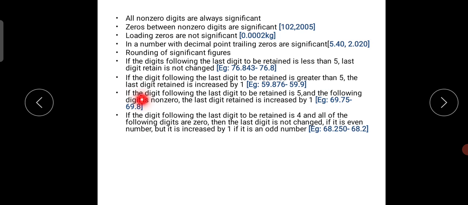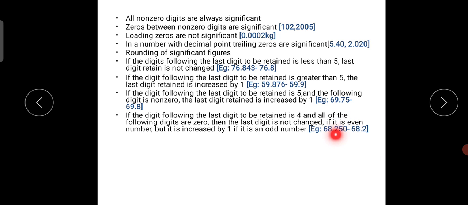Next one, odd number and even number. Odd number means there will be an increase of 1. Even number means there will be no change. In the case of odd and even numbers, we consider the first digit after the decimal point. So this is an even number, so there will be no change.